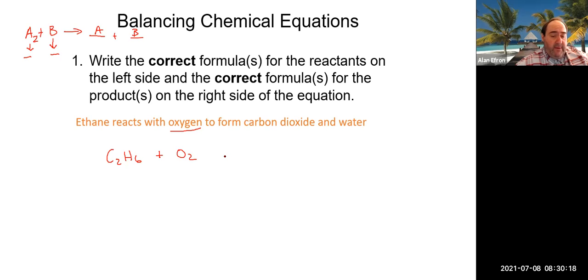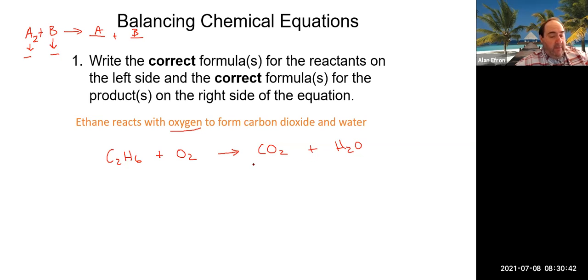So we would have O2 there. "To form" means we put an arrow. Carbon dioxide, we see the prefix there, so we know it's a type 3 as we talked about, and water is H2O.